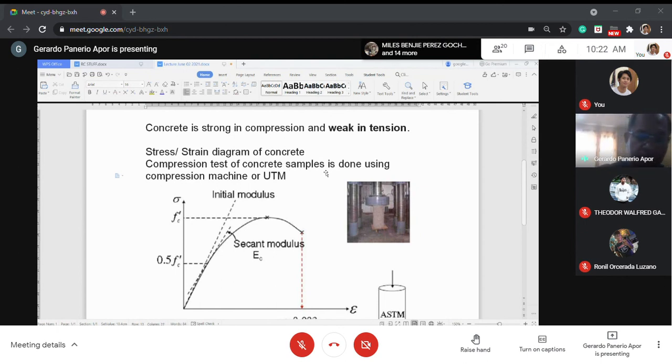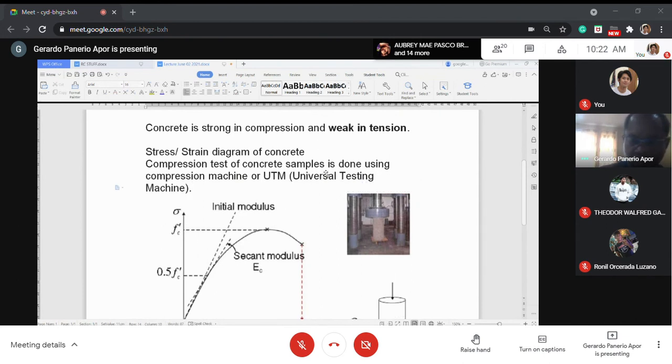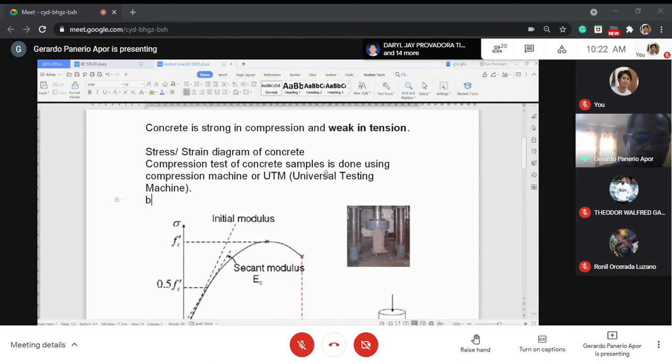Okay, I will put here universal testing machine. Below is the stress-strain diagram of concrete.